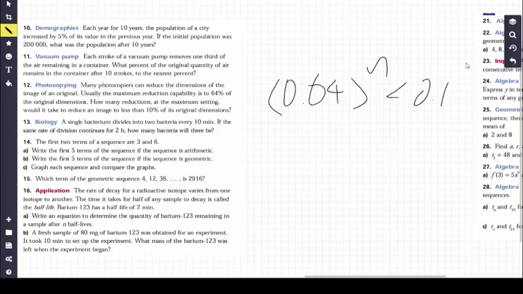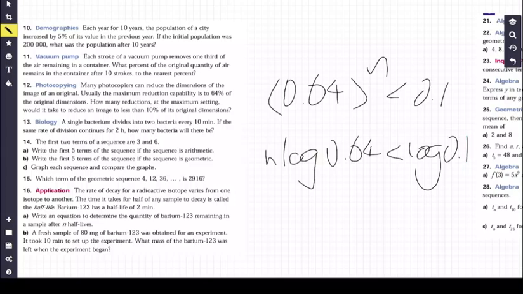So essentially we know how to do this back in the days of solving exponential functions. We do this. n log 0.64 less than log of 0.1. So we solve for n.